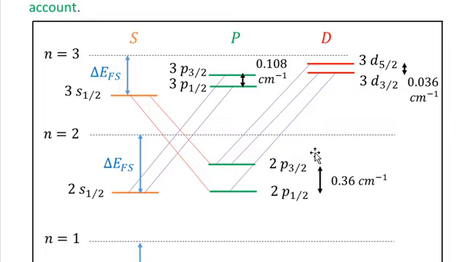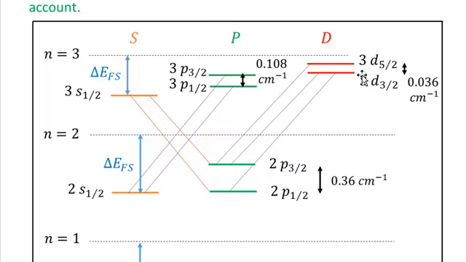But later we shall see that these levels are also separated in energy. That is, with the same J value, the P1/2 and the S1/2, which I have shown to be at the same energy, later we shall see that there is a difference. There is also a difference between energy levels with the same value of J, and that will be due to the Lamb shift, which we are going to discuss in today's lecture.